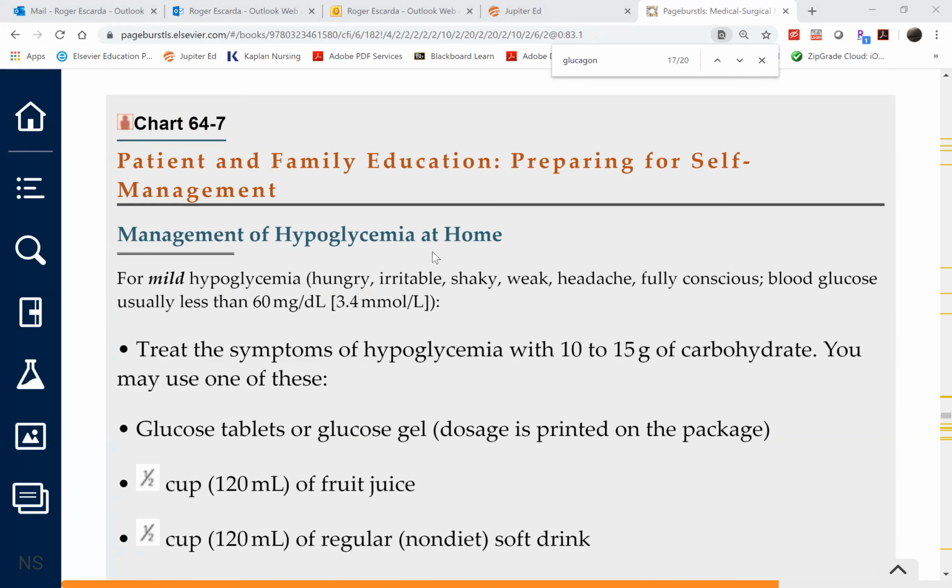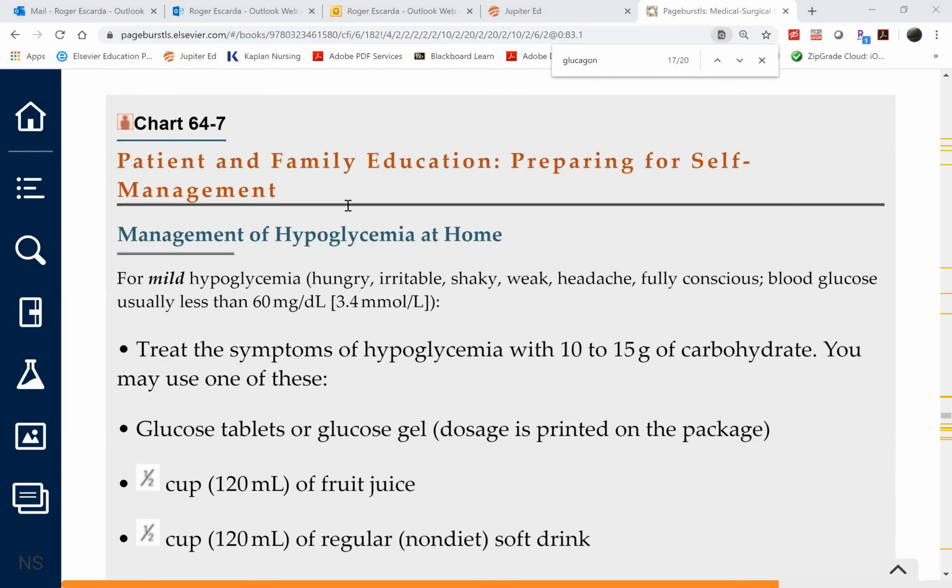So chart 64-7. This is at home. And then the paragraph following this will be your interventions in the hospital. Obviously, there is no IV at home, so you will be left with, especially if the patient's already unconscious and unable to take anything by mouth, the parenteral interventions.